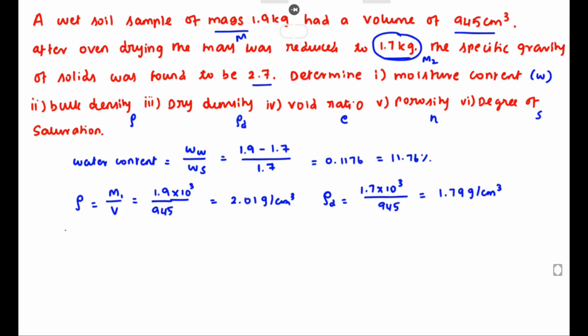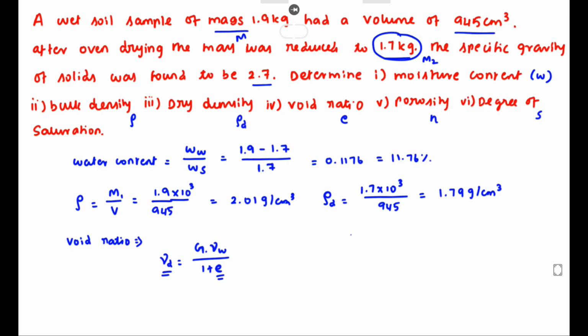Okay, so next thing is we can find out the void ratio. We know the formula gamma d equal to G into gamma w divided by 1 plus e. Using this relation we can find out the void ratio e. So now we have to know the gamma d value, that is the dry unit weight.